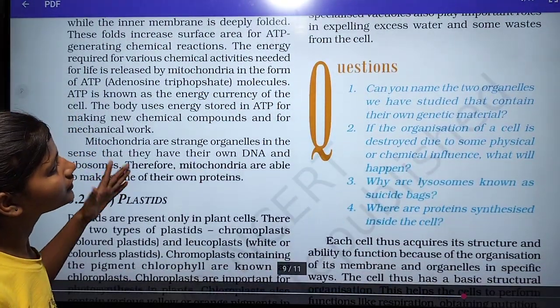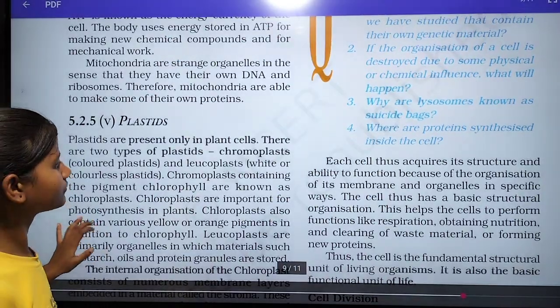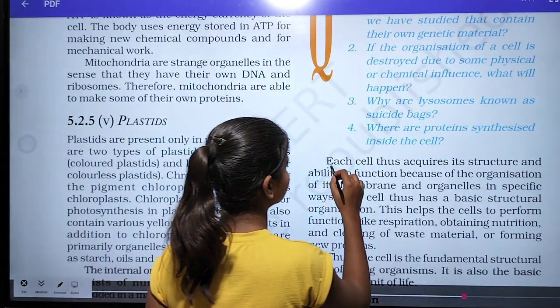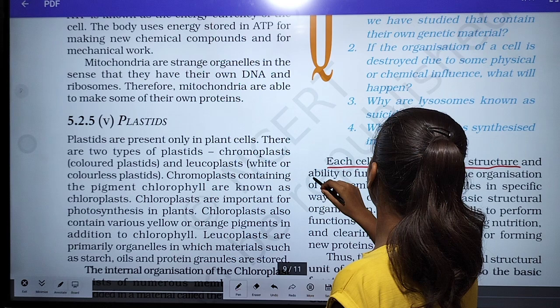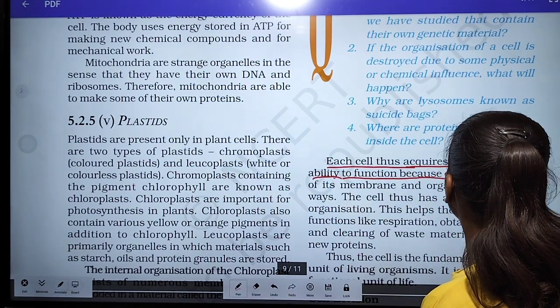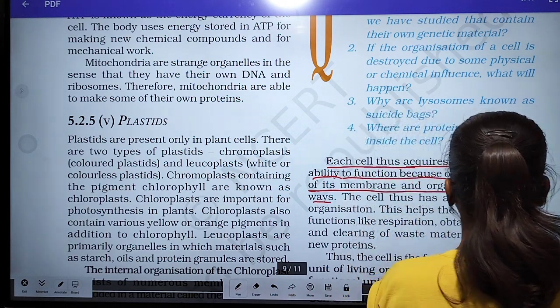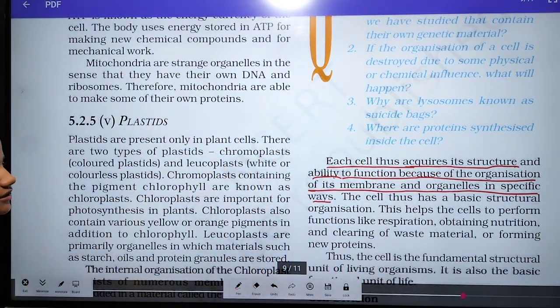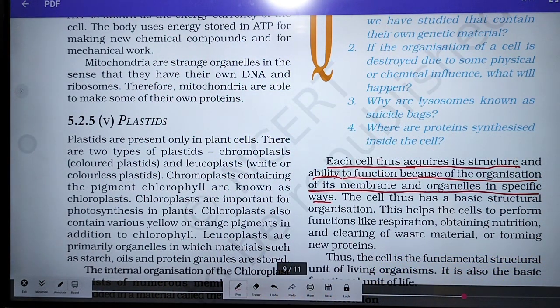Each cell thus acquires its structure and ability to function because of the organization of its membrane and organelles in a specific way.